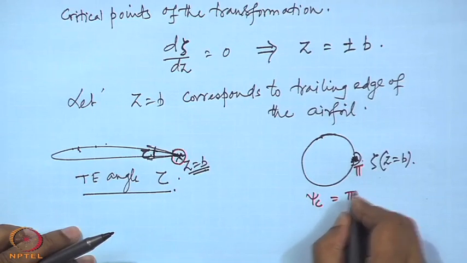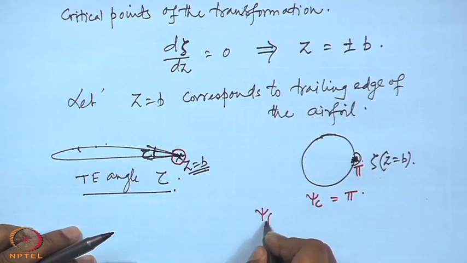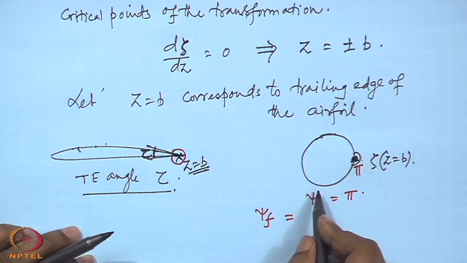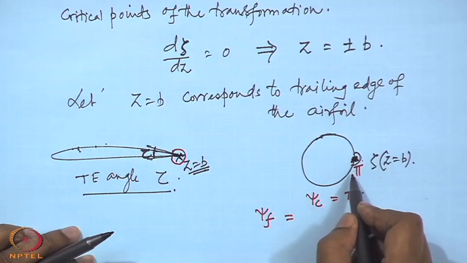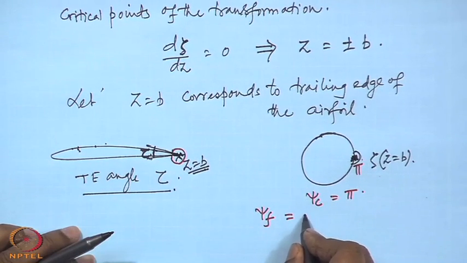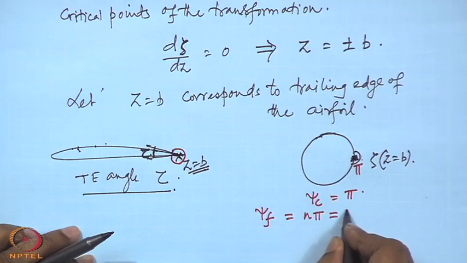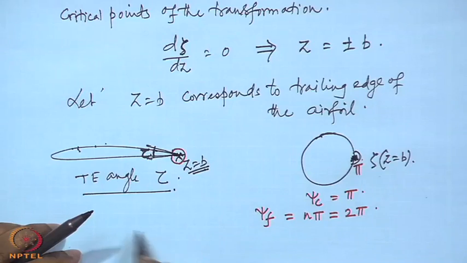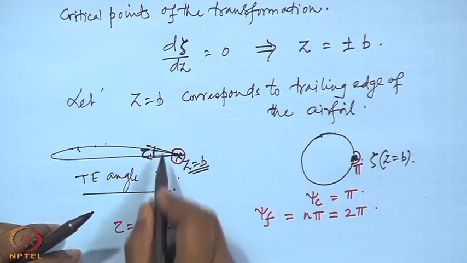So, psi c equals pi, then on the airfoil psi f, do not confuse it with a stream function angle, will be n into pi, and that equals 2 pi. Then how much will be tau? Tau is 2 pi minus 2 pi, 0. That is, the trailing edge angle is 0.